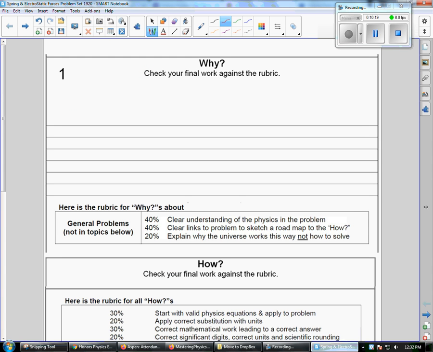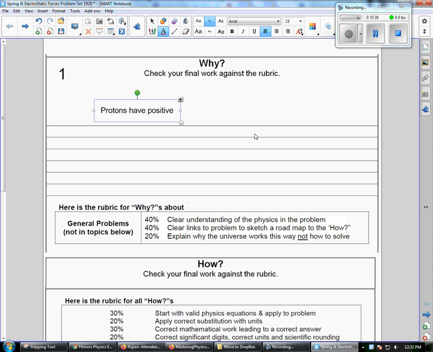Alright, so I have a written Y. So let's see. How about protons have positive type of charge.